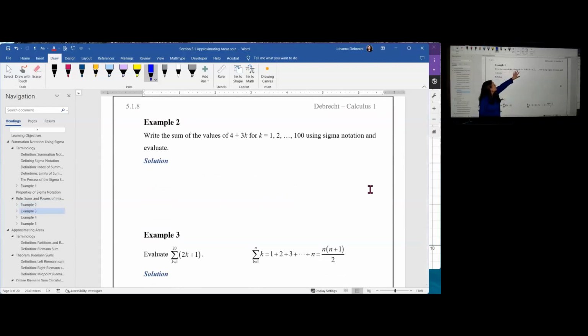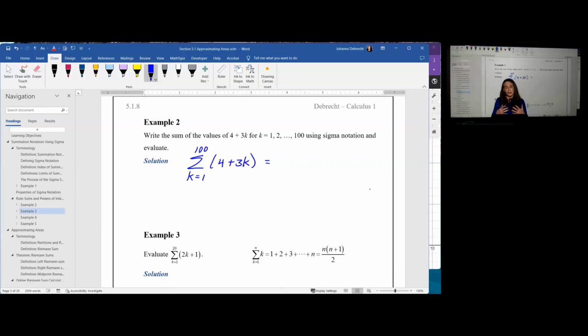Let's use these to write the sum of values of the expression 4 plus 3k for k between 1 and 100 using sigma notation, and then evaluate it. In this case, when we write it down, we're going to have the sum from k equal 1 to 100 of 4 plus 3k.